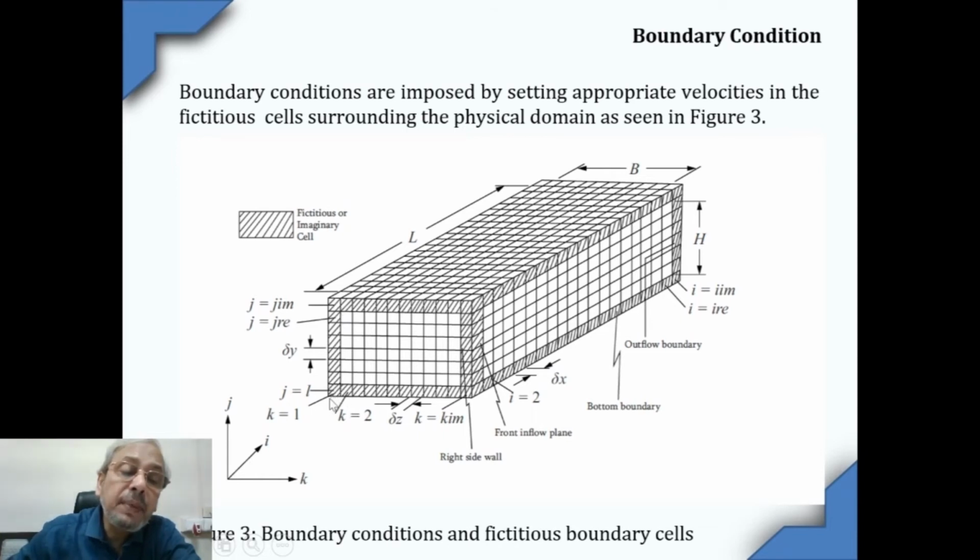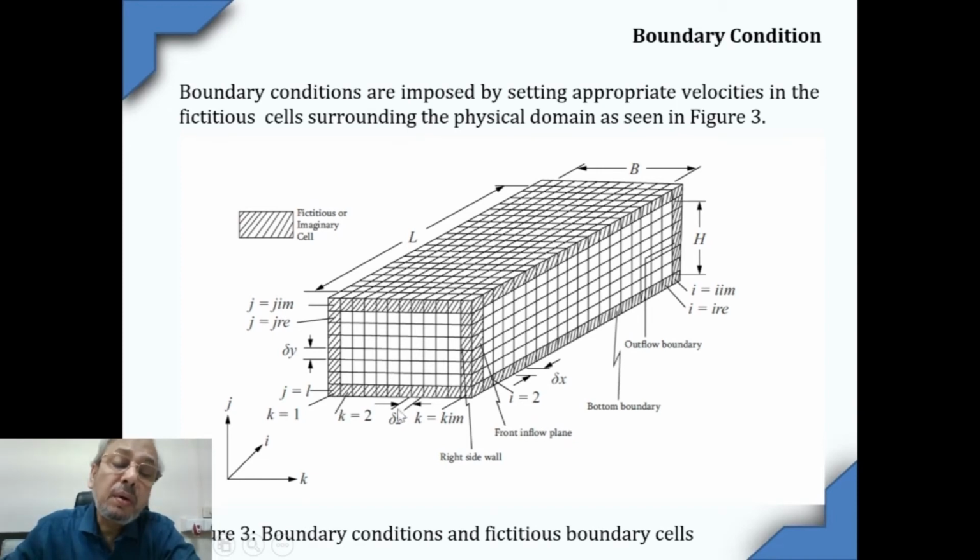But we have nomenclature wise J equal to 1 to JIM. So all these cells at JIM level, all these cells at J equal to 1 level, these are fictitious cells. And these are used, as I have said, for setting up correct boundary conditions for the velocities at the planes where velocities are not directly defined.